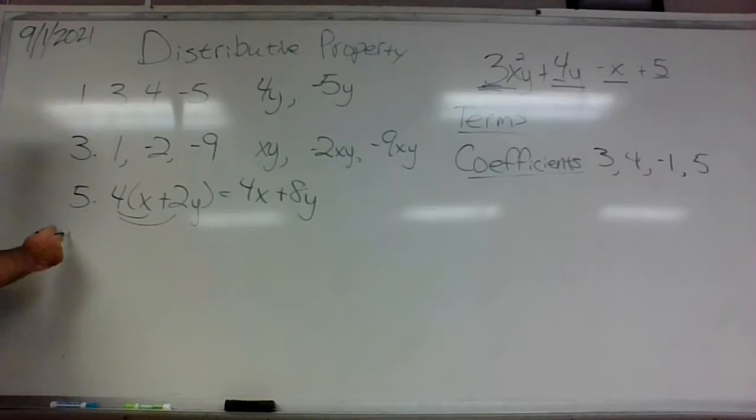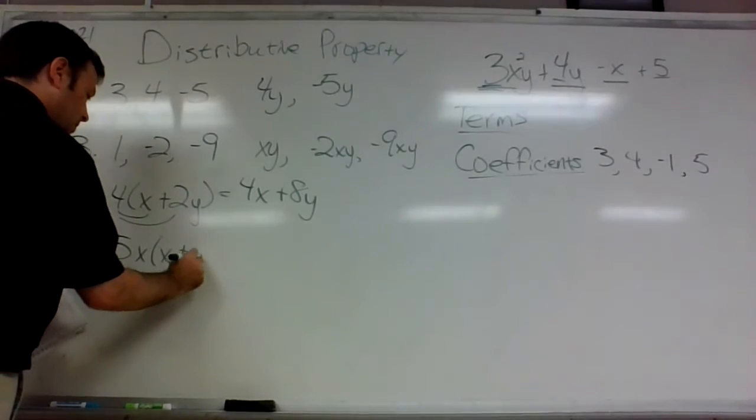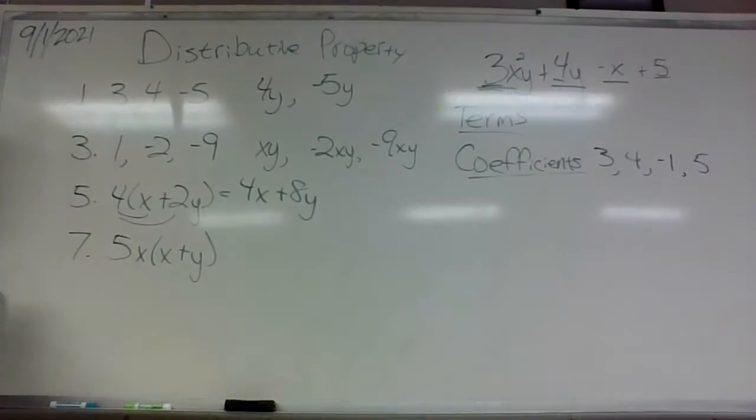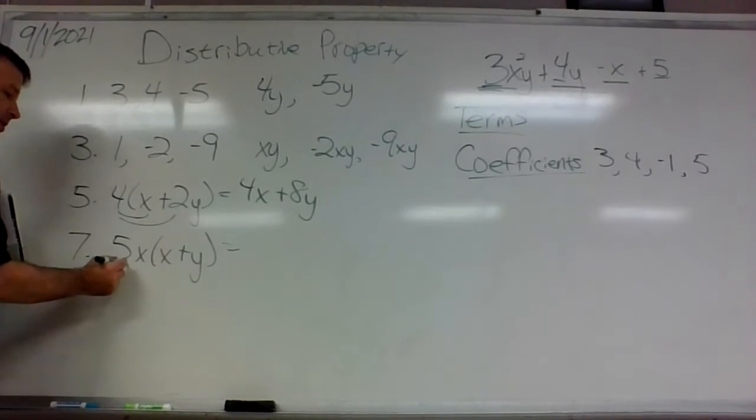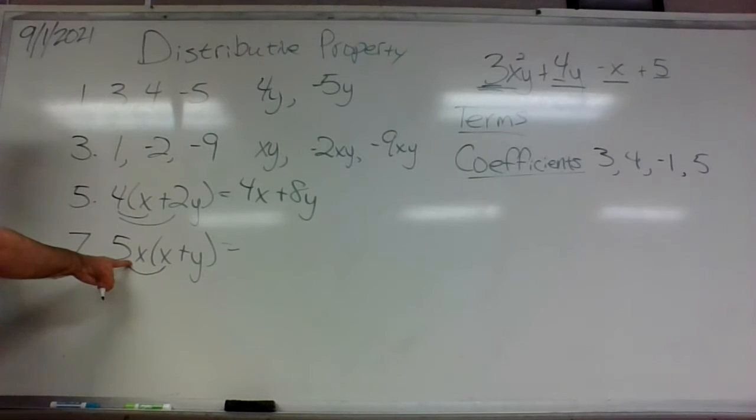Alright, number 7. 5x times x plus y. Okay, so the first term, 5x times x. Equals 6x?